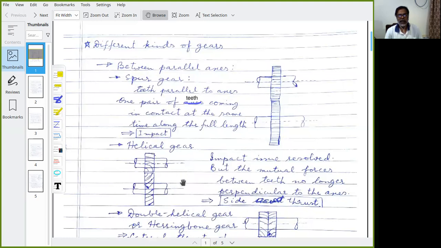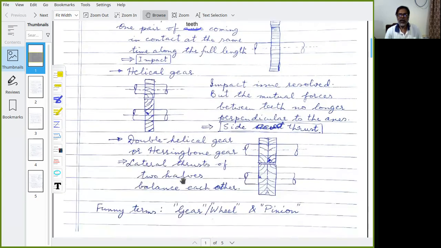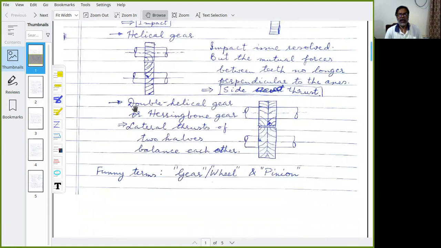And to remedy this, people worked out a way: the double helical gear. That is, in the entire width of the gear, have half of it cut with helices this way, and the rest cut the other way. Similarly here.